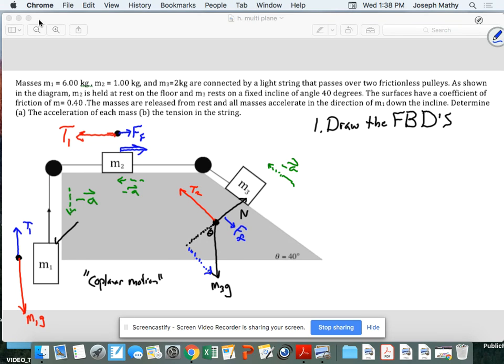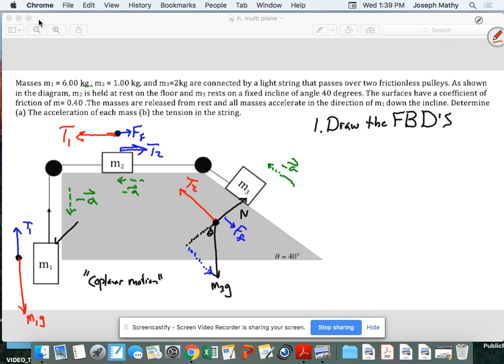So this is a T2, and that tension 2 has its friend, tension 2, acting in the opposite direction.